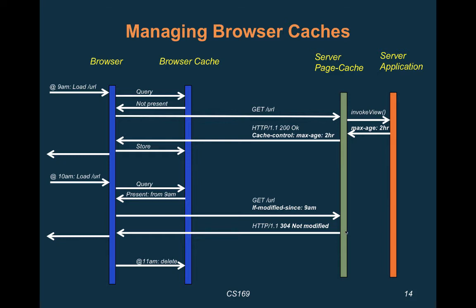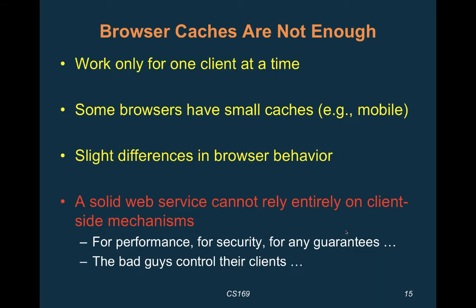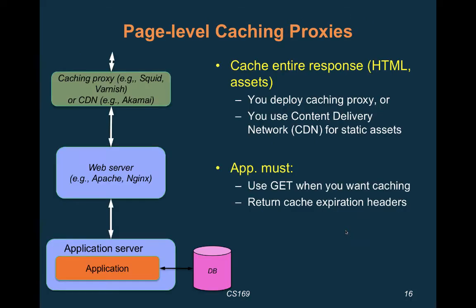So we have argued that you should understand the clients, but you cannot rely on the clients to protect your service, whether for scalability or for security. And then towards the end of last lecture, I introduced page-level caching, server-side page-level caching.